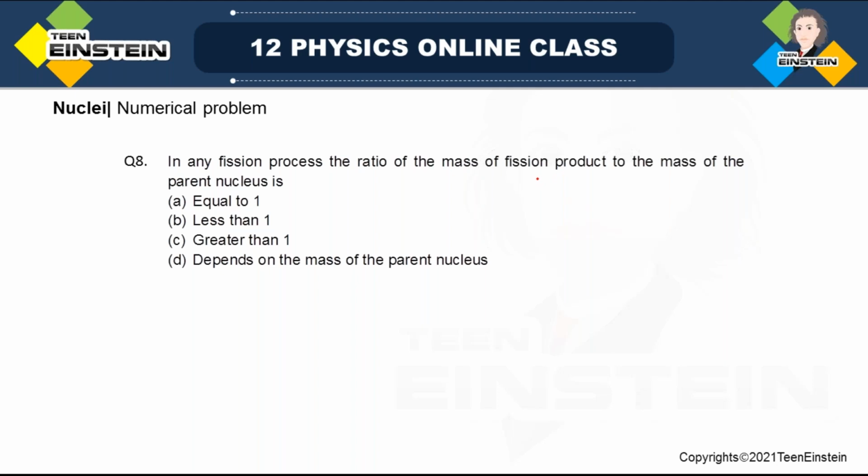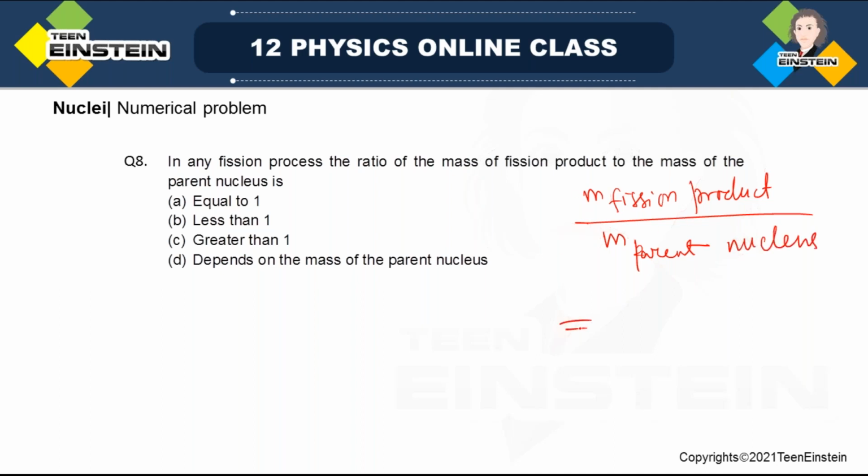So you have to find out the ratio of the mass of the fission product to the mass of the parent nucleus. This will always be less than 1. So B will be the answer.